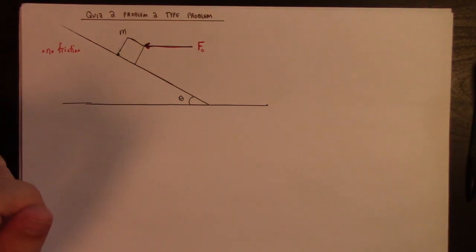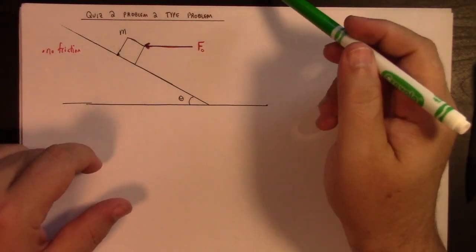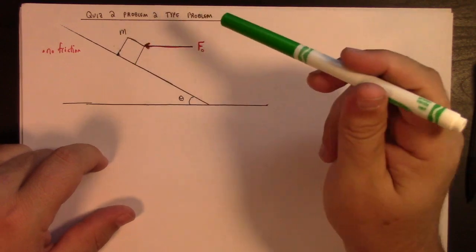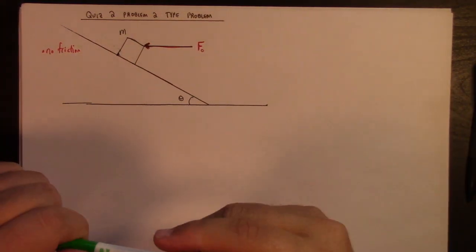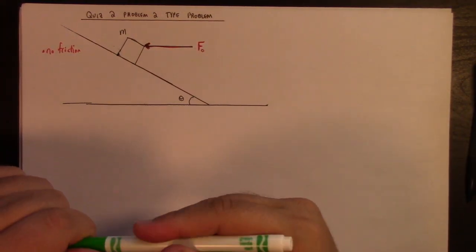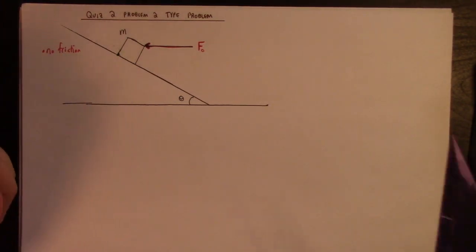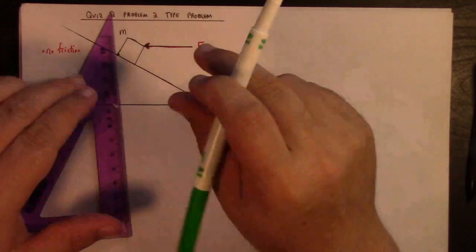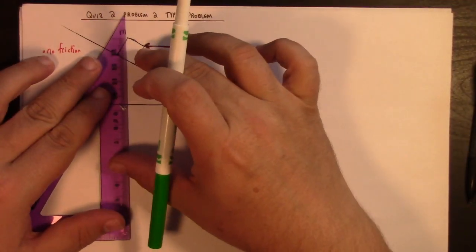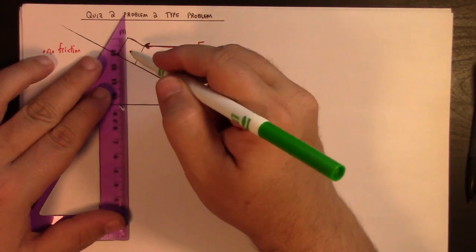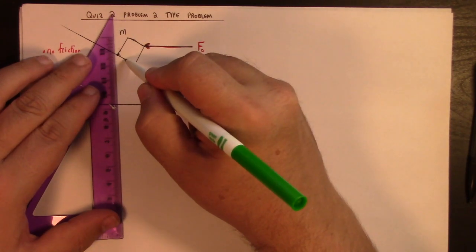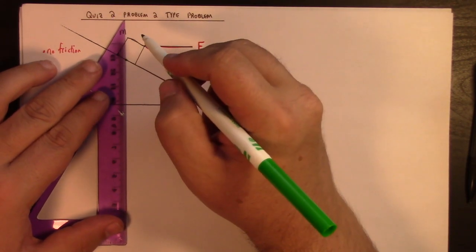So, the basic problem here is that to find the sum of the forces on the mass, we have to come to terms with the fact that we still have the gravitational force, right? So we could illustrate the force of gravity. If I wanted to, I could draw it as if it was acting right here, just for the sake of convenience on my picture.